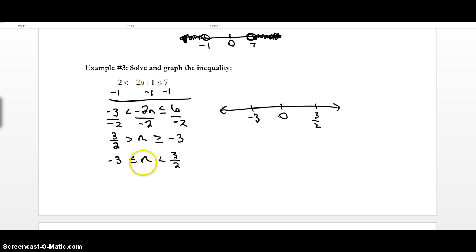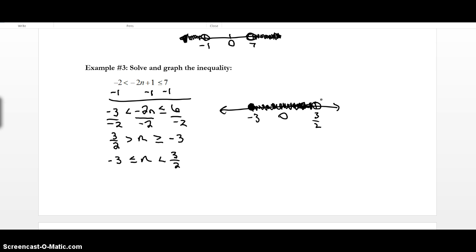And the dot for -3 is solid because of this equal to bar, and this one's open because there isn't an equal to bar. And we'll shade between the two because it's and. So you can see in some problems both of these are solid. They could be both open. One could be solid, the other could be open.